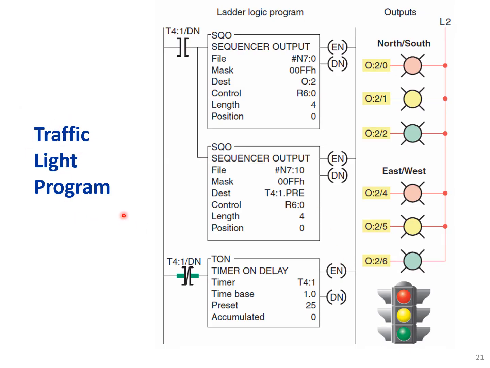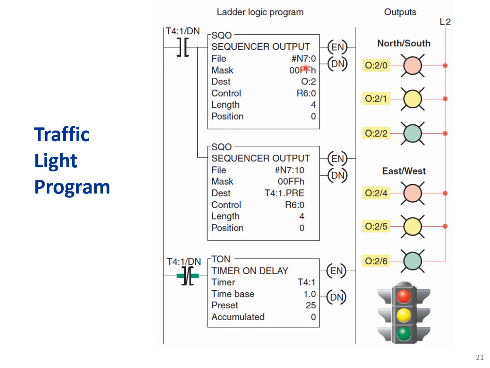Traffic light program. So here you see how we are programming a traffic light. So first we have a sequence file. We already created that sequence file. Please refer to the previous slides to see how that sequence file was created. Mask, you see that is FF in hexadecimal.